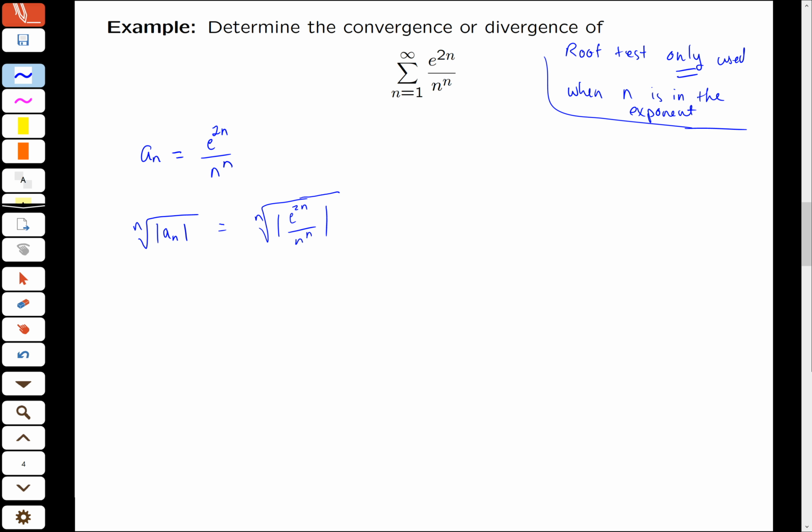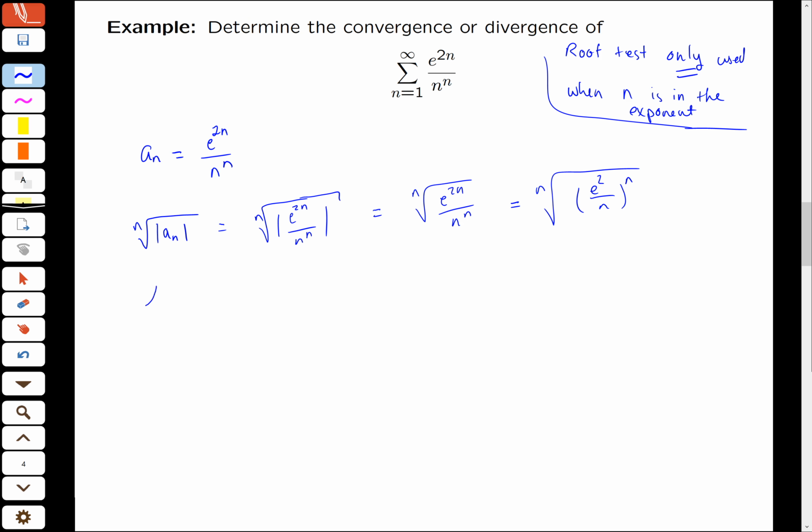I would submit to you that I can drop the absolute values because there's no minus signs in there. Nothing is ever negative, so I'm going to drop the absolute values. Now, watch carefully. I'm going to group my exponents together and take that power n out.